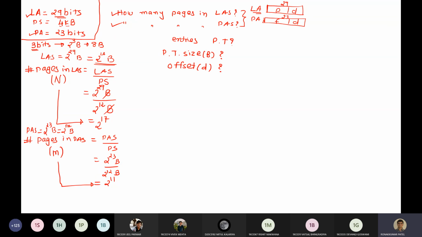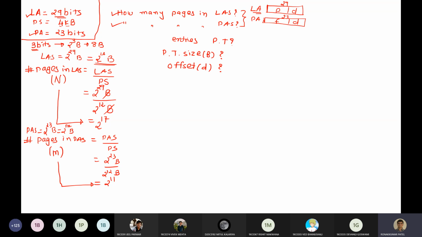So it depends on this capital N. But this is in bits. Means the index it allocates, it says in bits.